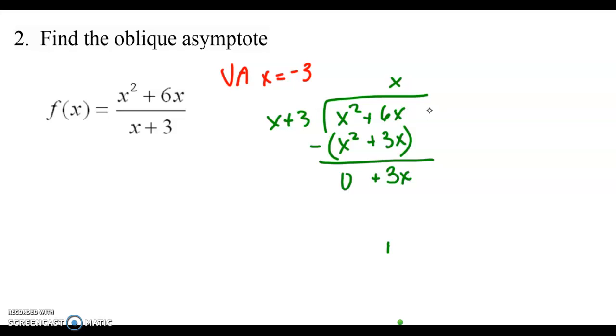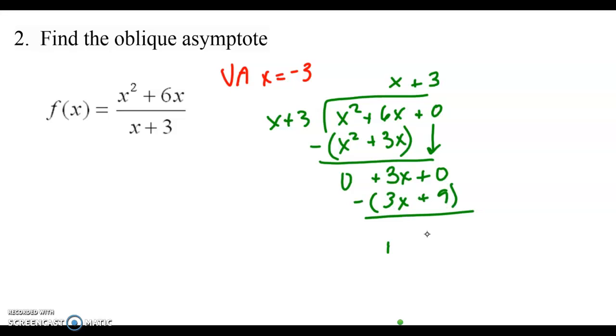Now we don't have our constant term here. We can write in a 0, bring it down, and we ask ourselves, what do we multiply x by in order to get 3x? Well, positive 3. 3 times x is positive 3x, 3 times 3 is positive 9.